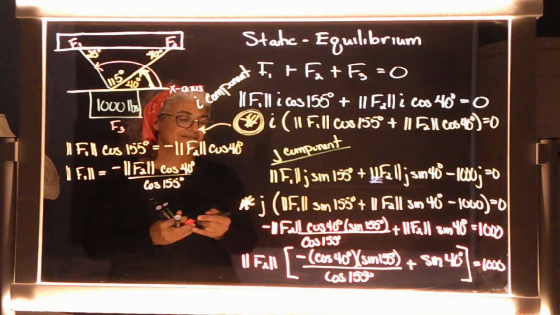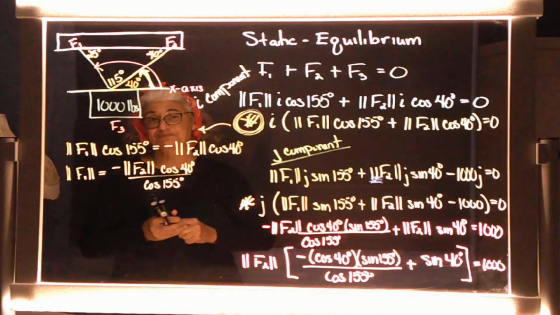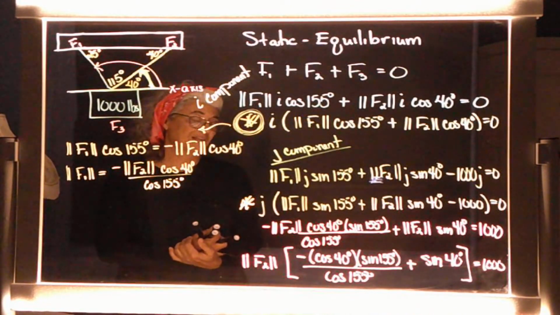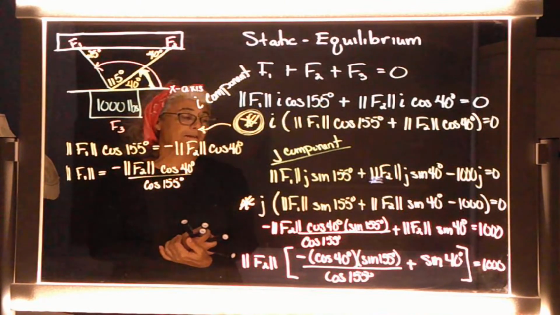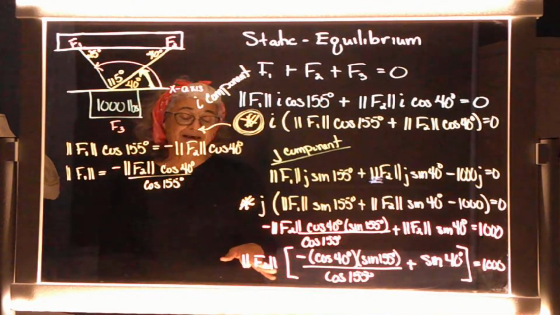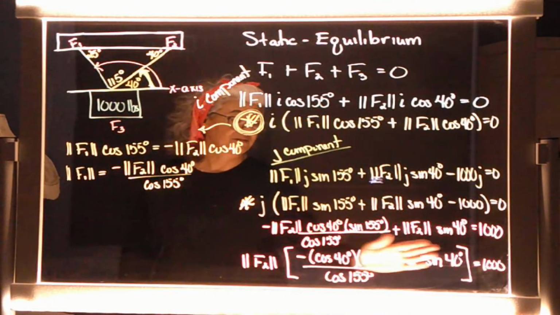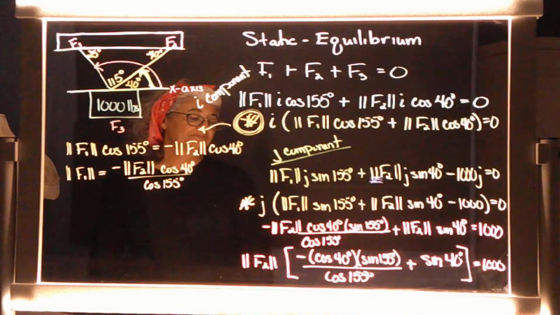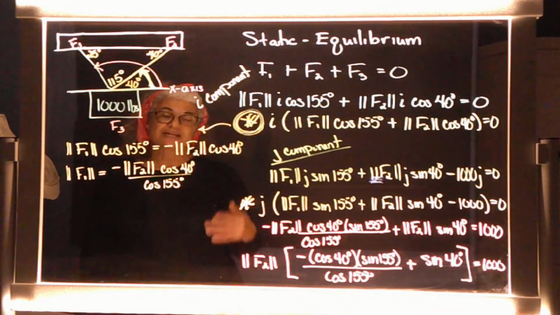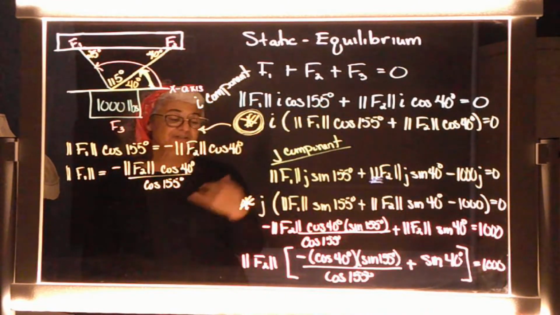To get this magnitude of F2 by itself, I'm going to have to divide both sides by this lovely bracket, aren't I? Here's what I did first.